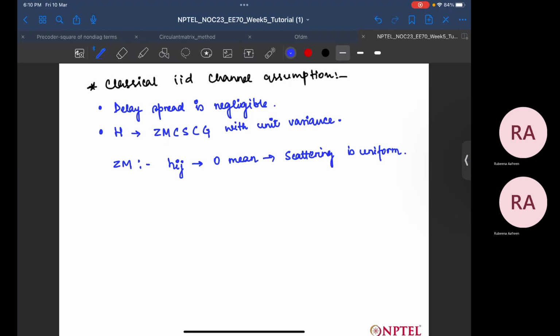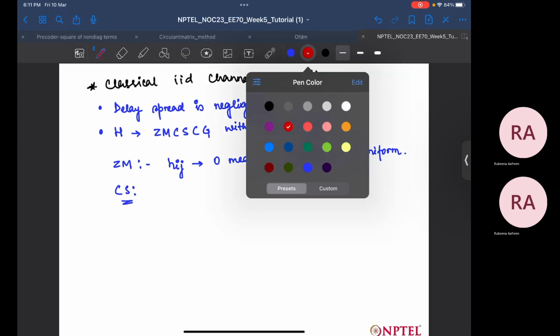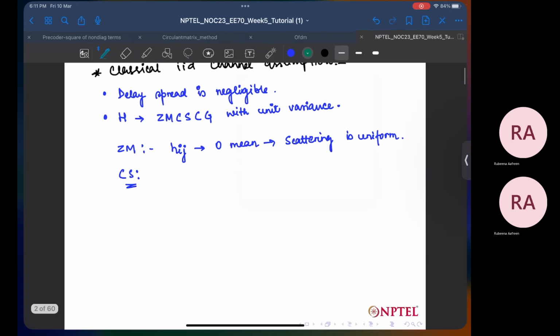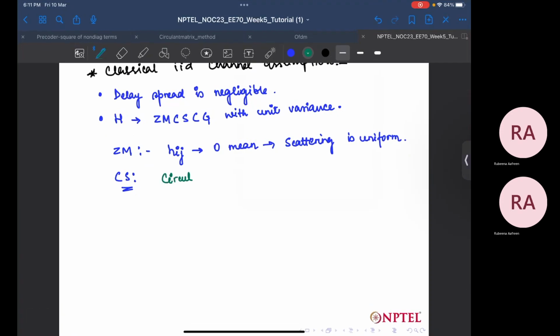Next we will see circularly symmetric. What does circular symmetry mean? Circular symmetry is given by the property that the expectation of e to the power jφ times z equals e to the power jφ times the expectation of z.